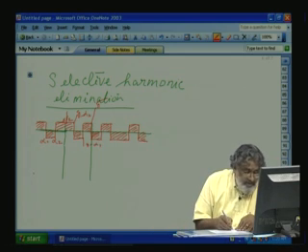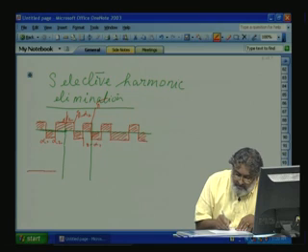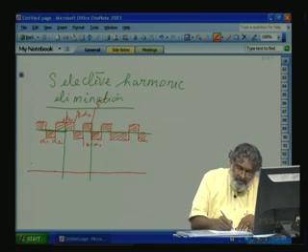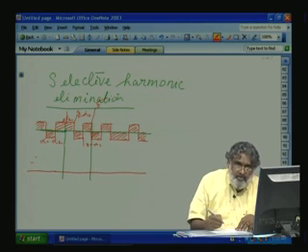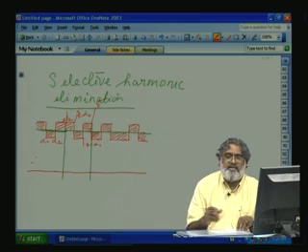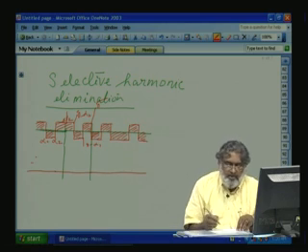We are talking about a single pole, based on our basic configuration, the single phase half bridge converter. This can be extended to the other legs also.